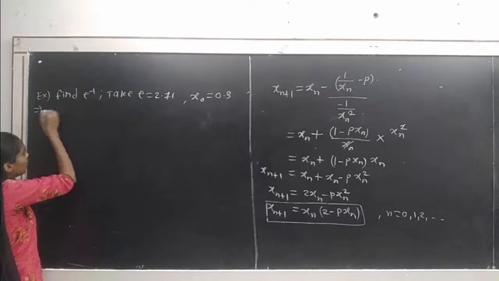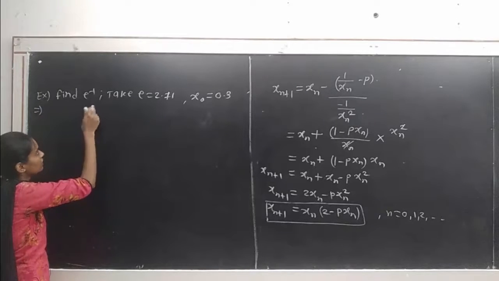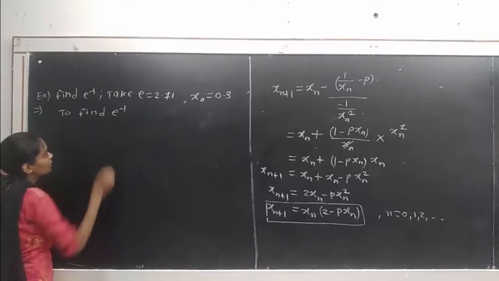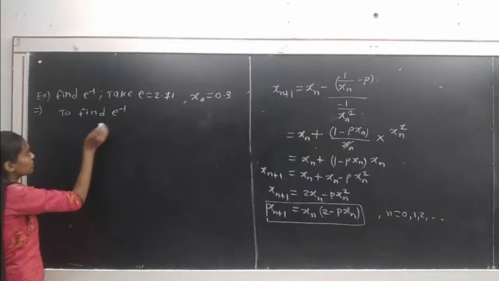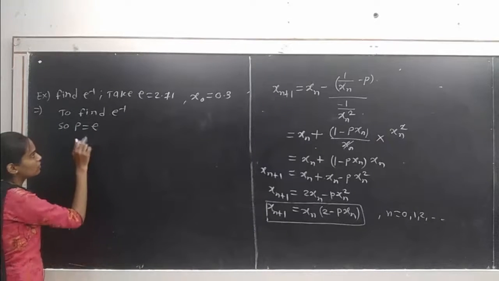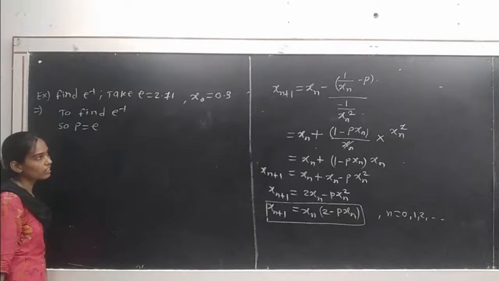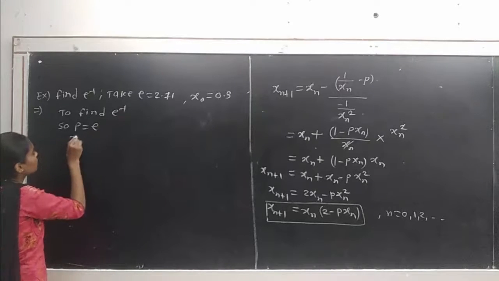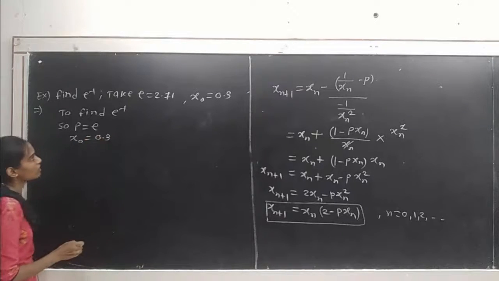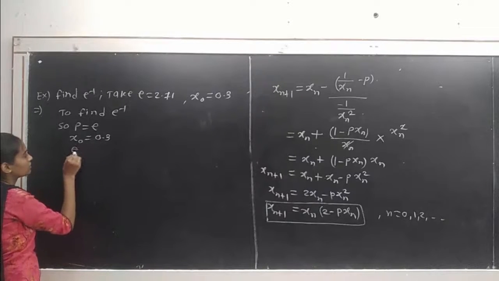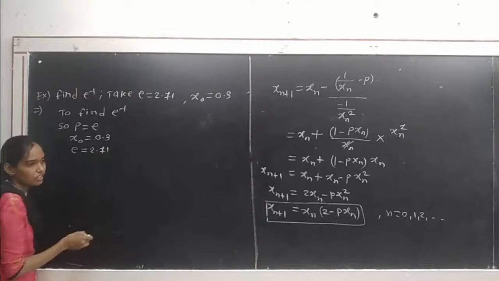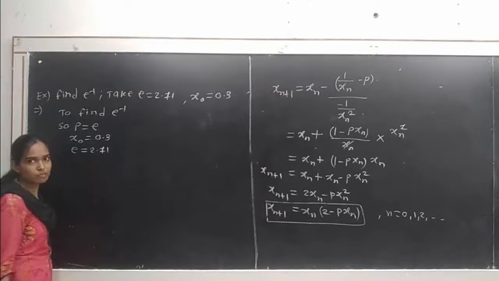Here we have to find the inverse of the number E, so P is equal to E, because we have to find the inverse of this number E. It is also given that x0, the initial approximation, will be 0.3, and we have to consider the value of E, that is 2.71, up to 2 decimal places.